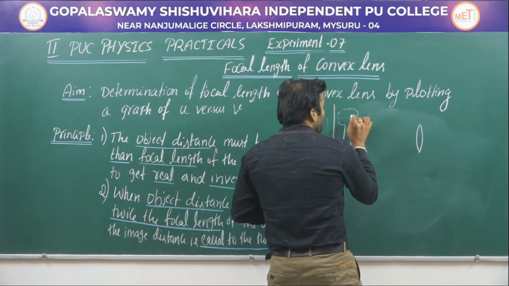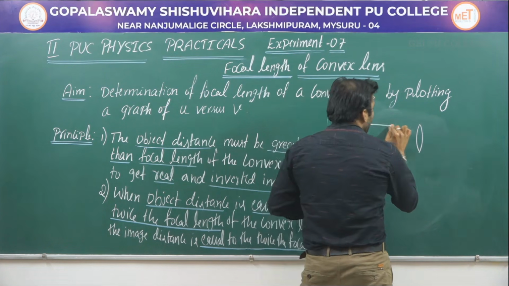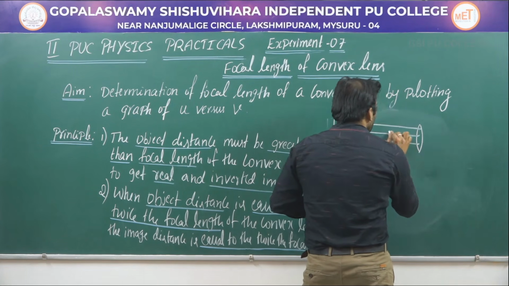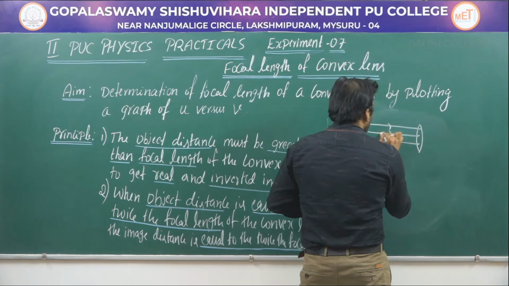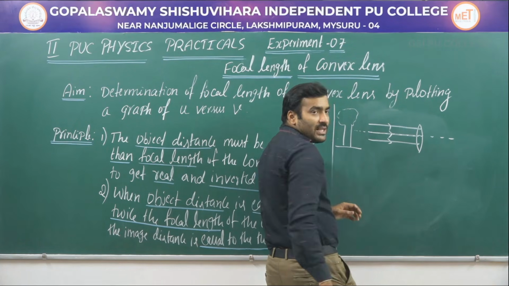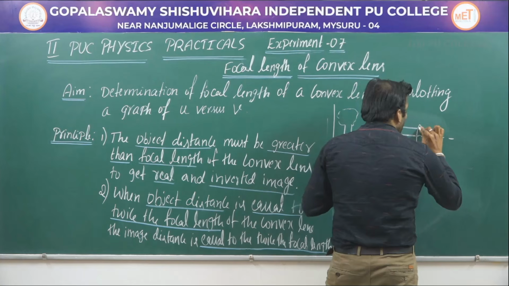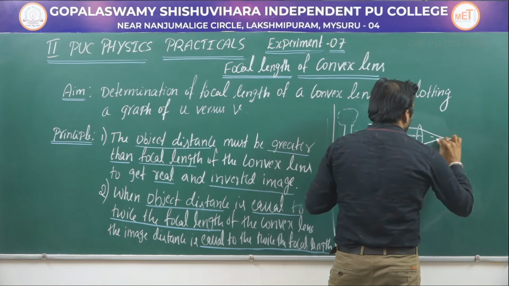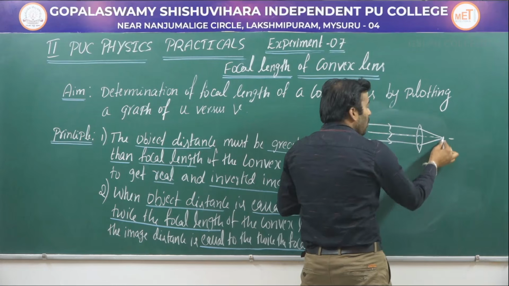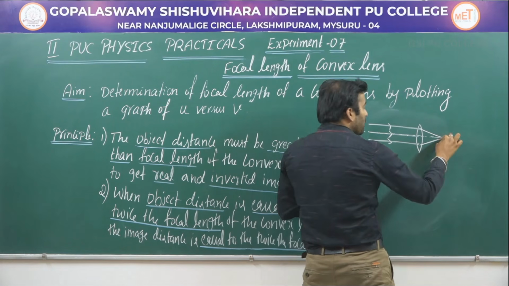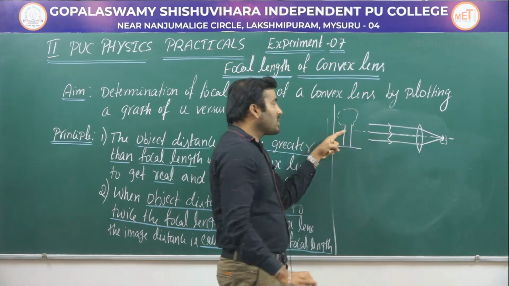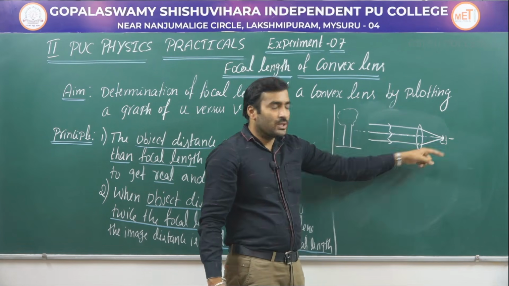The rays from this tree are incident parallelly on this convex lens like this, and the rays are going to converge to a focus and form an image here, which is an inverted image of this tree.